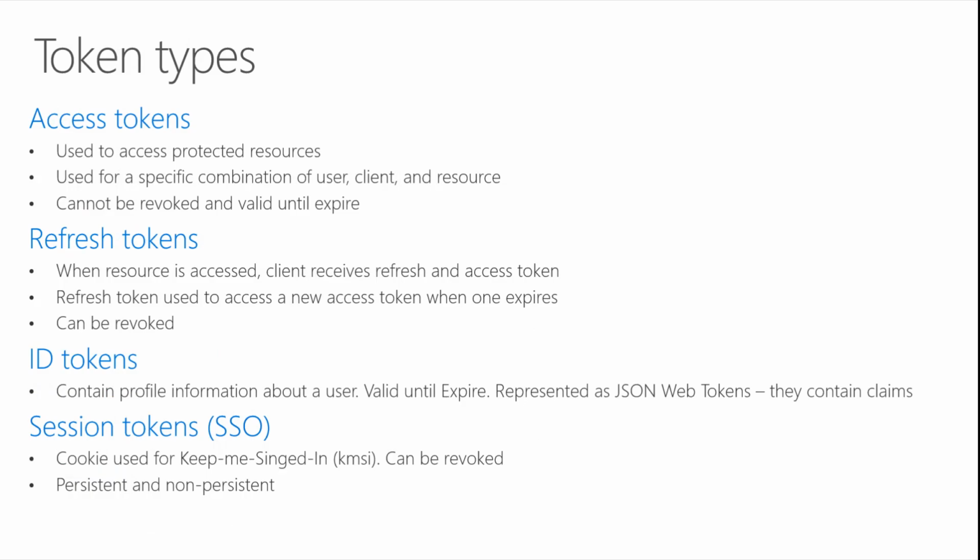Also, we talk about ID tokens that have information about the user, and session tokens. But again, for more information and for more in-depth, check out aka.ms/azure/protocols if you really want to read more details about the protocols.